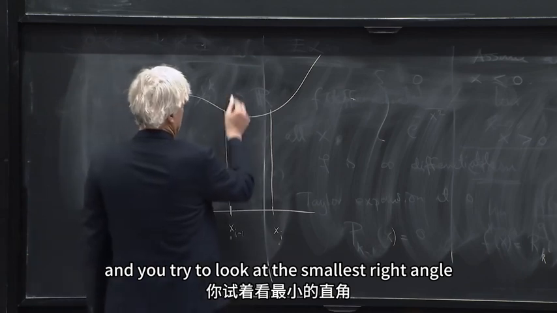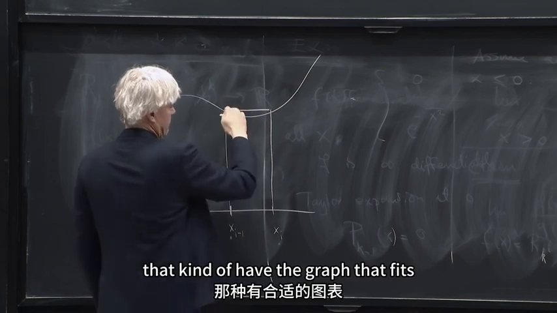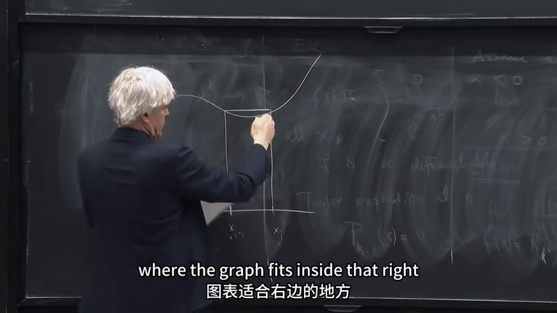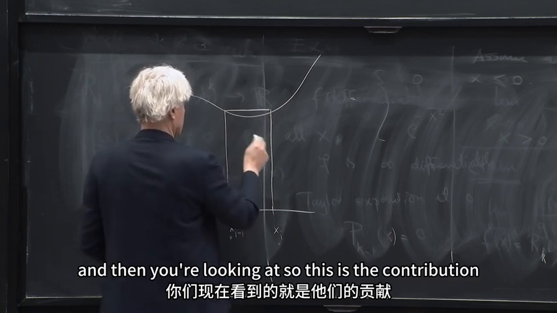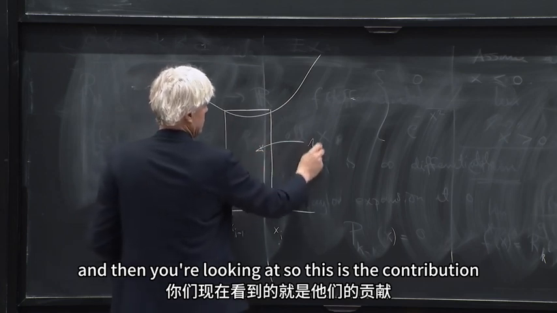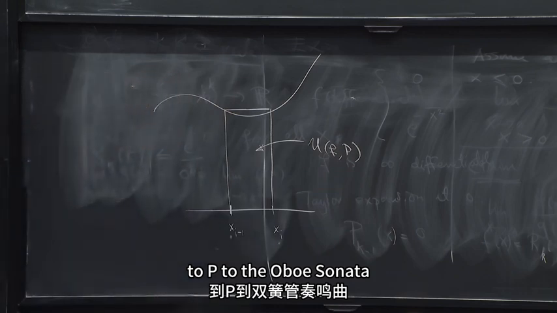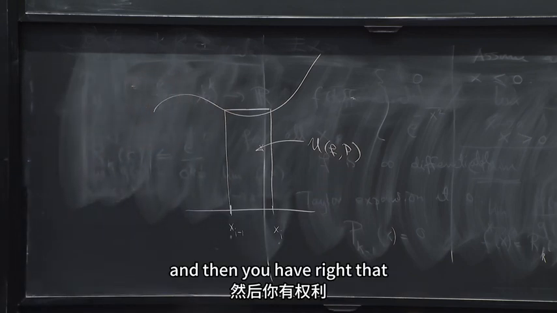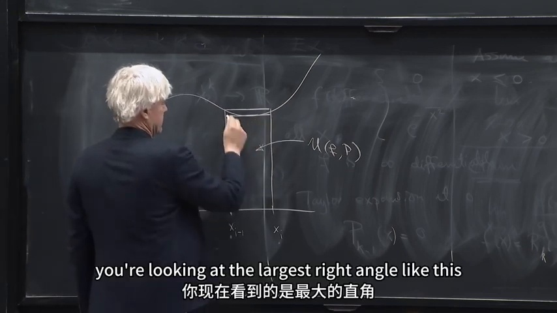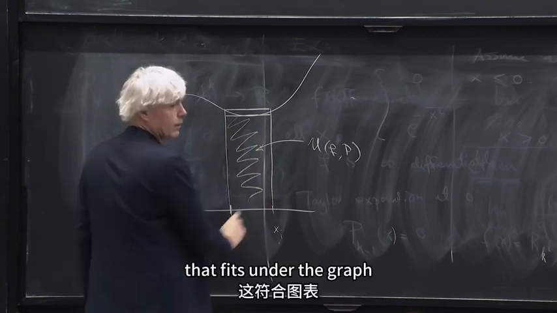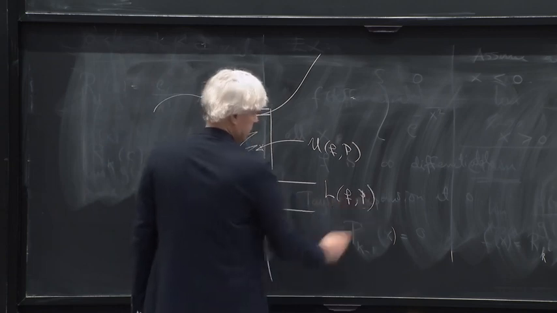And you look at the smallest right angle where the graph fits inside, and this is the contribution from this little interval to the upper sum. And then you're looking at the largest right angle that fits under the graph, and that's the contribution to the lower one, right?